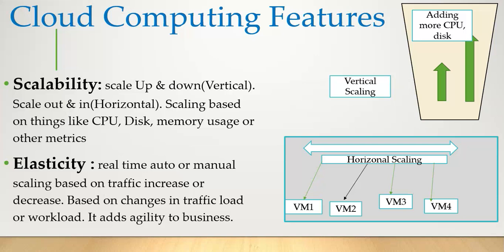In the case of scale up and down, vertical scaling, we add capacity to the existing resource. Let's say we have a lower capacity server currently, with just 4 GB of RAM and a 40 GB disk.